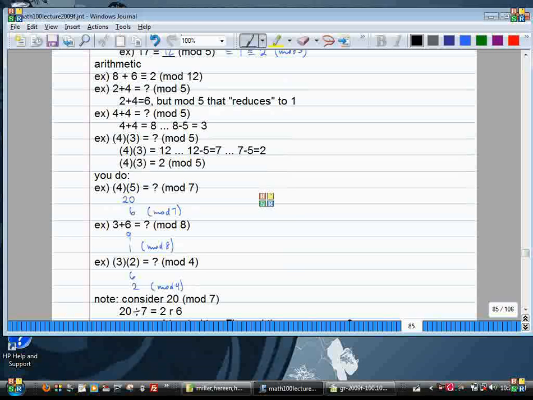So what does that have to do with mod arithmetic? Yeah, that's exactly it. Mod is the same thing as remainder.